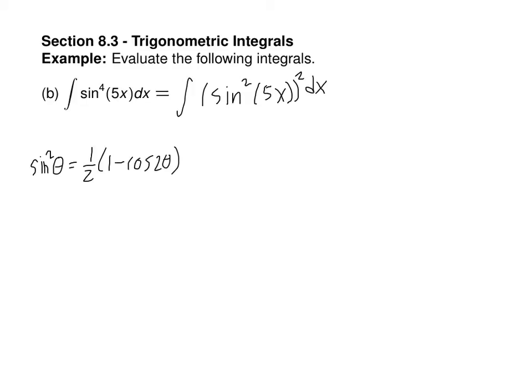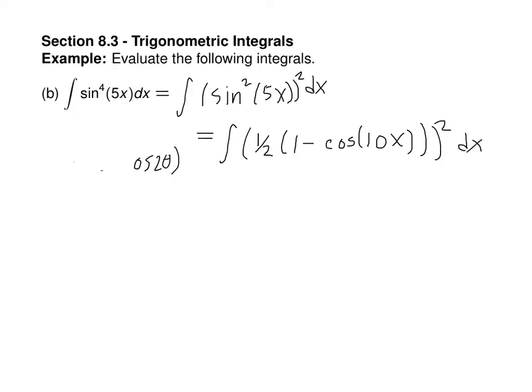In this case, my theta is 5x. So this is equal to the integral of 1/2 times 1 minus cosine 10x, quantity squared, dx.